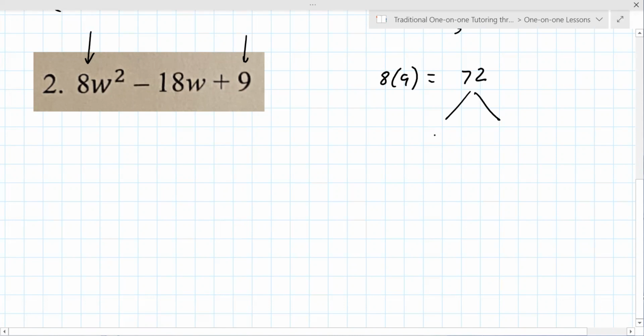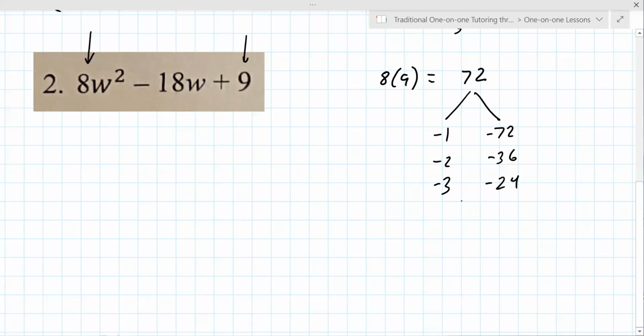That means they're both negative, like negative 1 and negative 72. They both multiply to positive 72 and they add up to a negative number, but they're obviously not the right ones. So you continue down this list until you find the ones that add up to negative 18. Do any of these add up to negative 18?